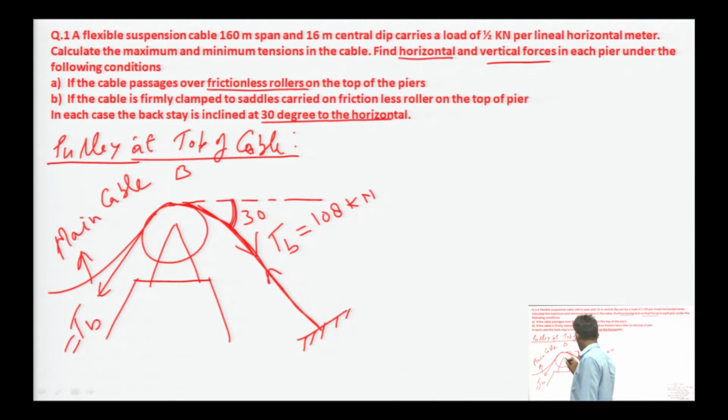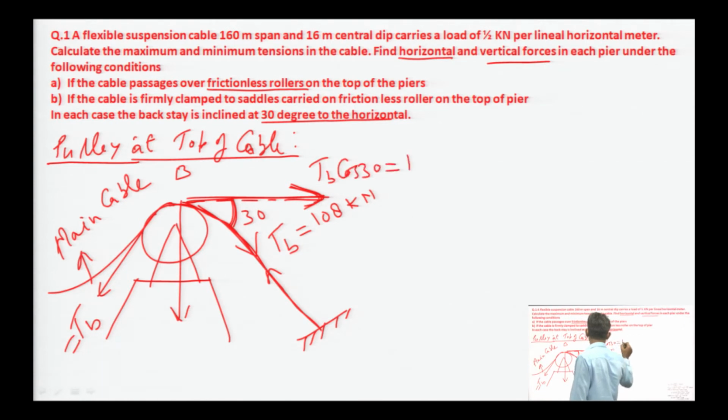Resolving at this point, this component will be TB cos 30, and this value is simply H. We know this value as 100 kilonewtons.